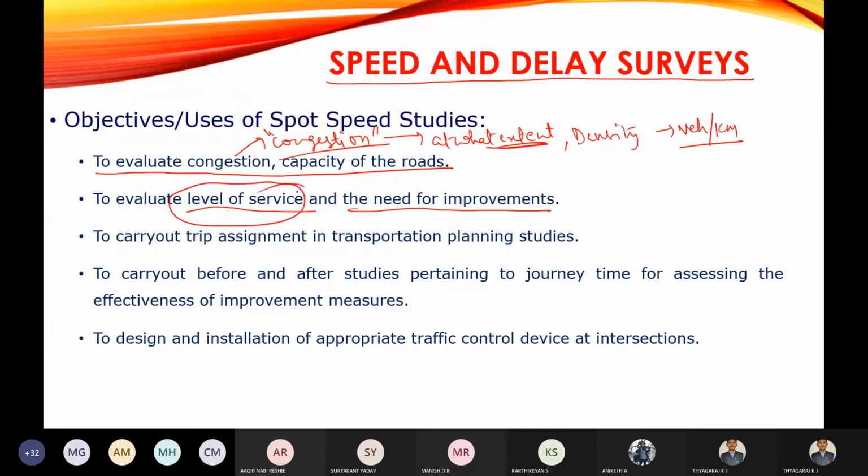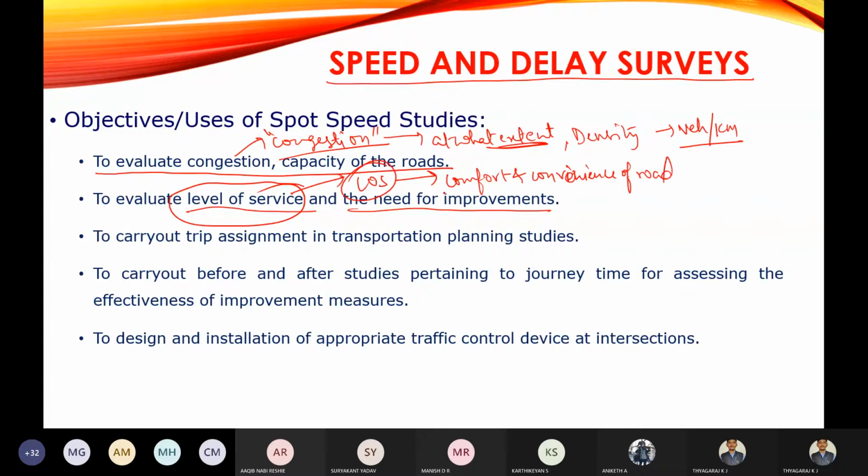In the last part of the second module, I'm going to teach about level of service, which is the comfort and convenience of the road users.